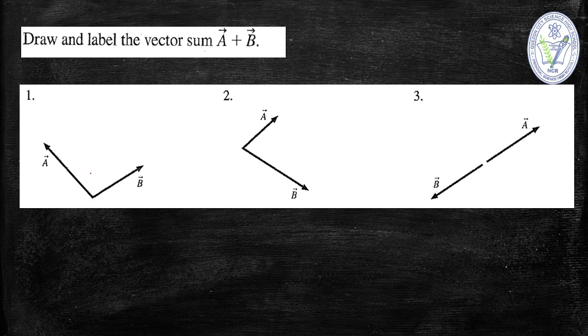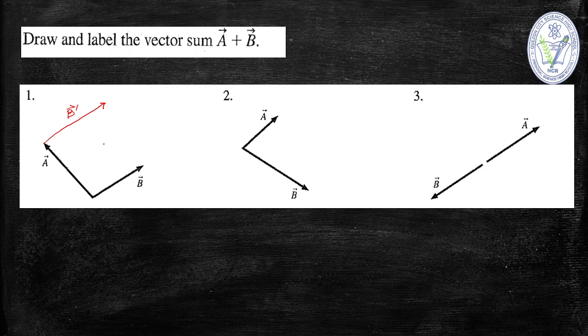To obtain vector C, what I will do is I would copy the length of vector B. And then I would call it B prime, to know that this is just a parallel image of vector B.